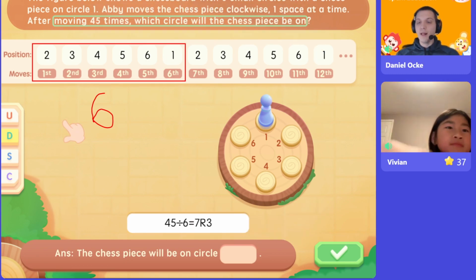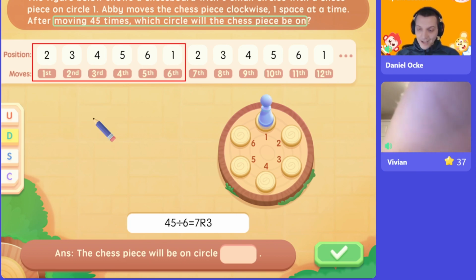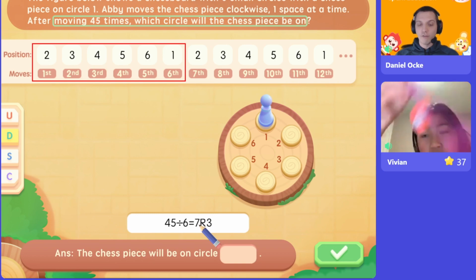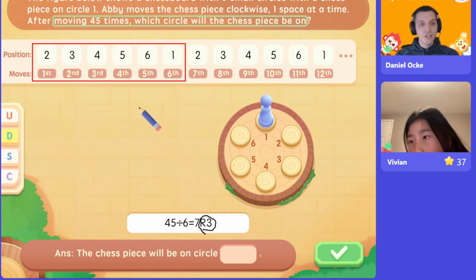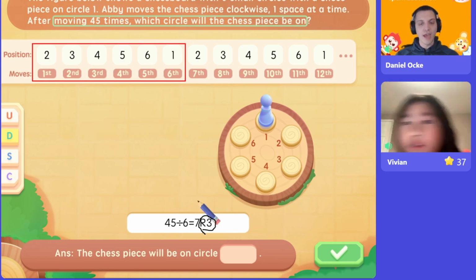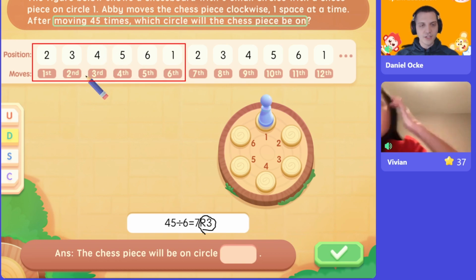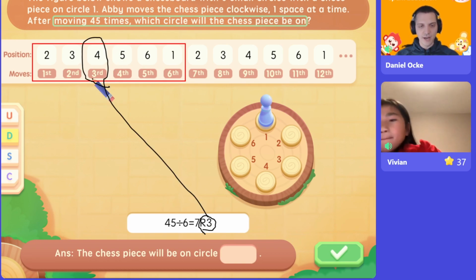We've been talking about remainders all class. Remember, if we have a remainder of 3, that means we are going to end up on the 3rd term in our sequence. So in our problem here, a remainder of 3 is the 3rd term. It says right here, it's the 3rd.